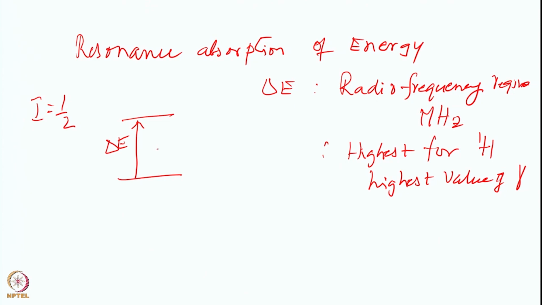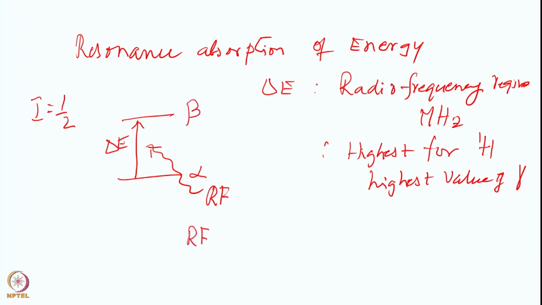Now, if you apply a RF here, radio frequency, whose frequency corresponds to this energy difference, then absorption of energy will take place by the spins to go from the alpha state to the beta state. And the RF is what?